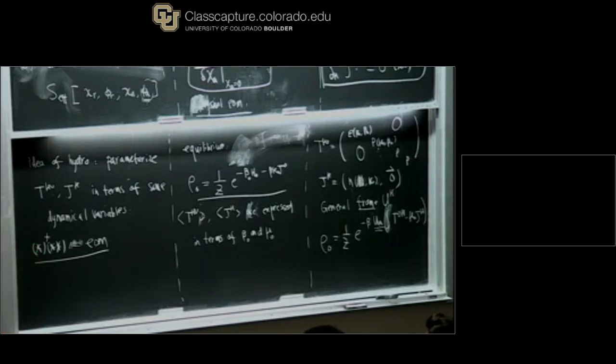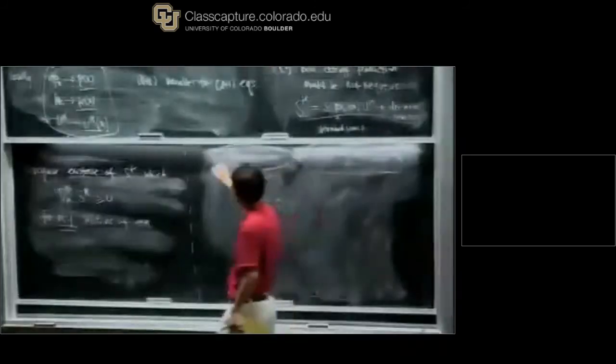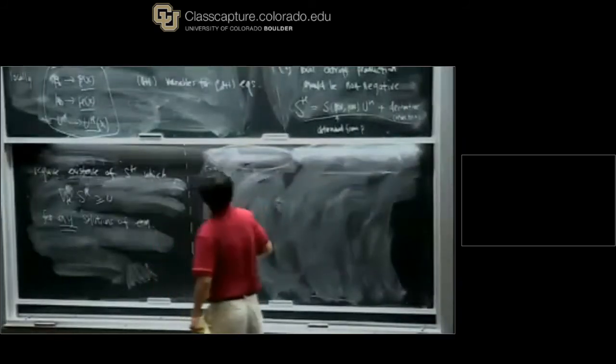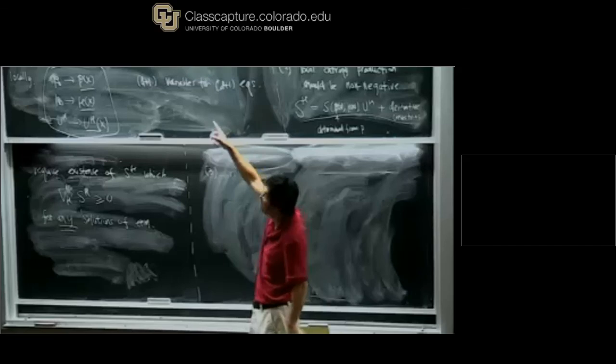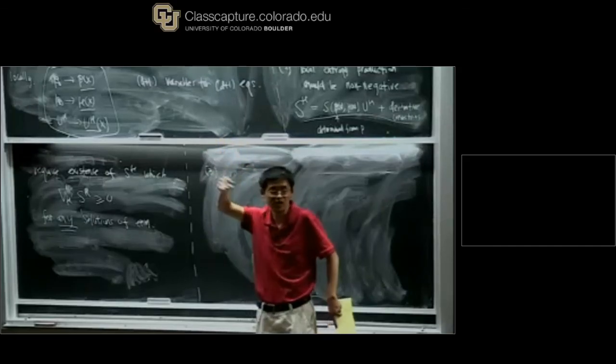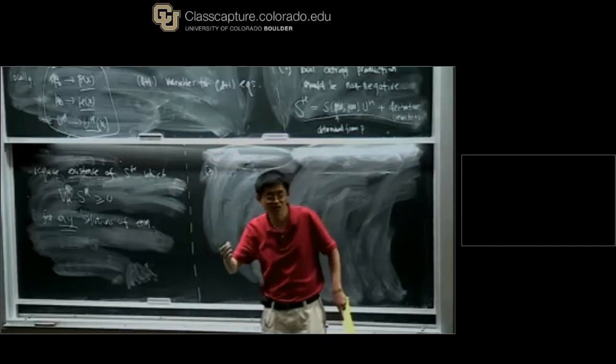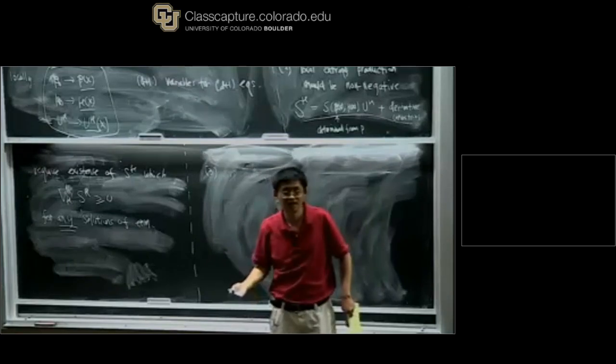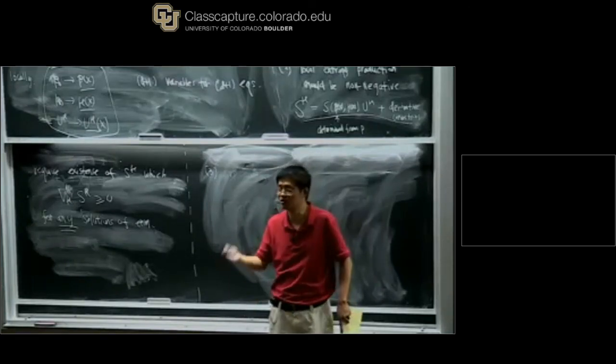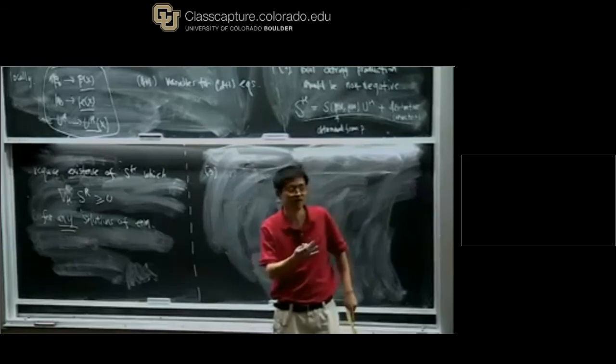And the third thing you actually need to do, also imposed by hand, is you need to turn on some external source for those T^mu and J^mu, and then you solve for the linear response. After you solve for the linear response, you require the linear response matrix to be symmetric.